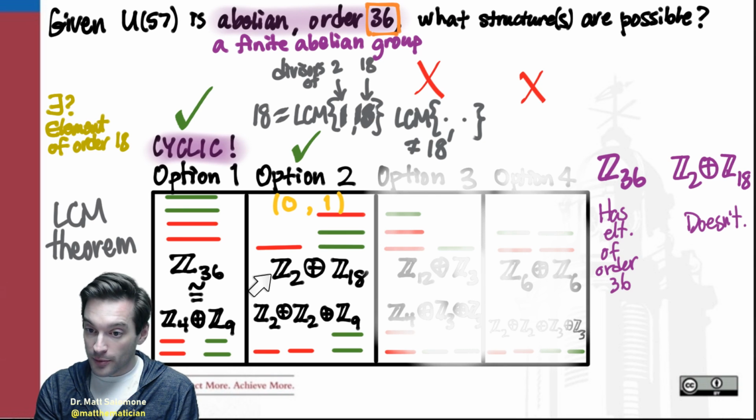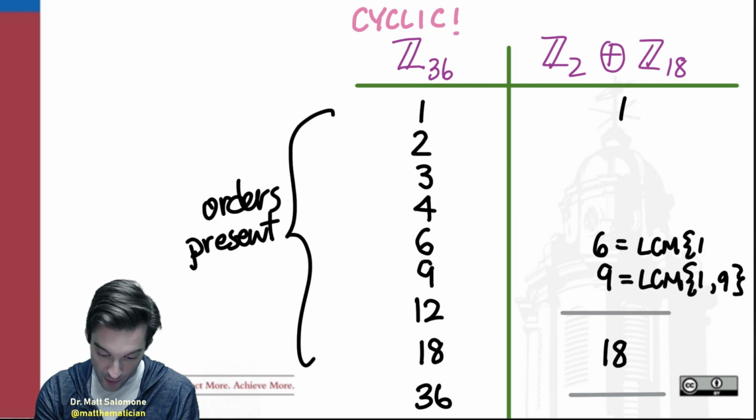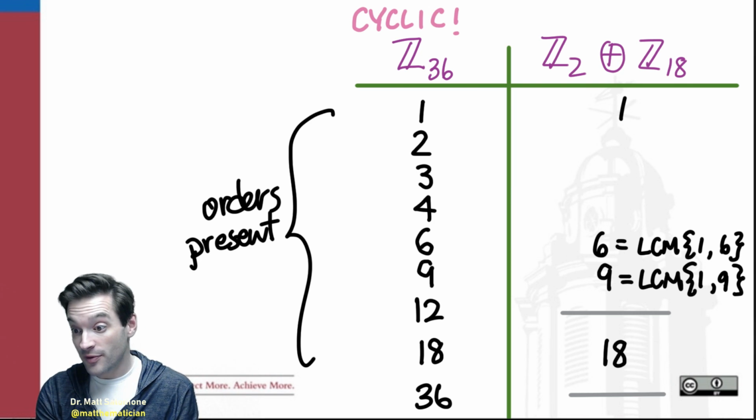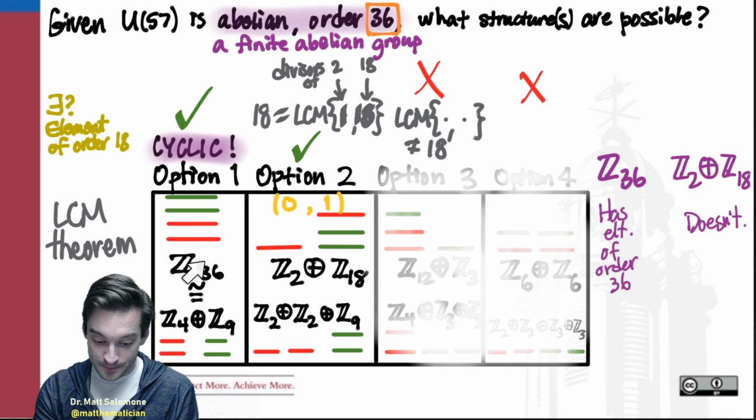Order 6, do I have a red and a green chip stacked together? I do, right? There's an element of order 6 here in Z18. And so we can get 6 as an LCM of 1 and 6. Or, equally well, it could be the LCM of 2 and 6. That's totally fine. How about 4?